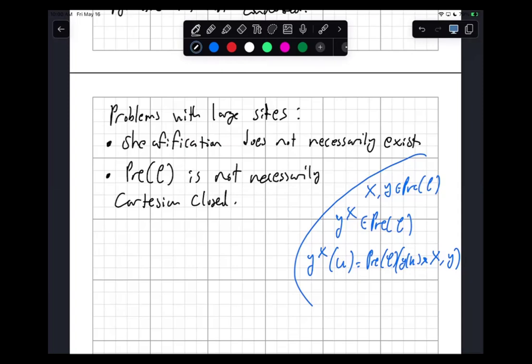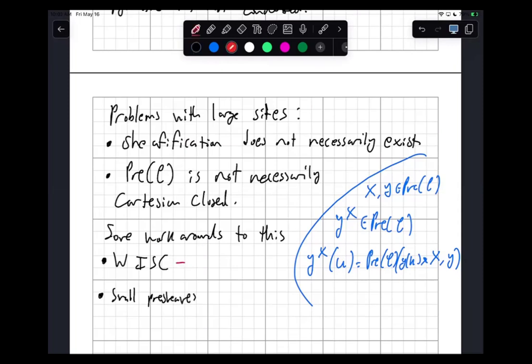Okay, so there are some workarounds. I'm not going to describe this right now, but there are two workarounds called whisk and what are called small presheaves. I'll just say what I don't like about them.